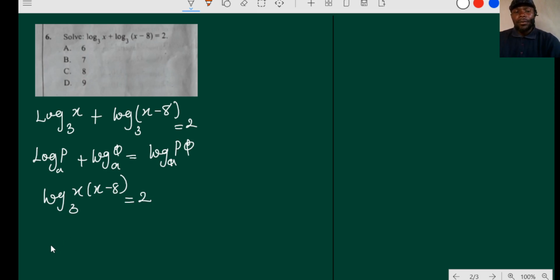There is another law. We say log p base a is equal to x, and you can rewrite it to have p equal to a raised to the power x.